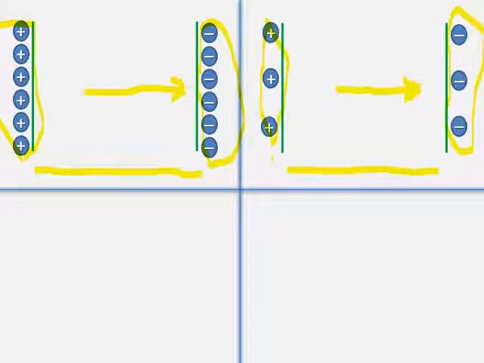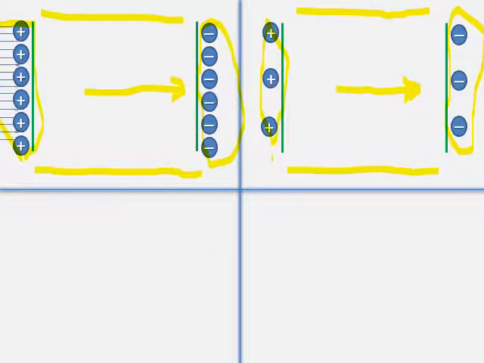Now how do we represent this with the help of electric field lines? What I want to represent is that in the first situation I have electric field, in the second situation also I have electric field, but in the second situation the electric field is weak as compared to the first situation. How do we represent it? With the help of electric field lines.